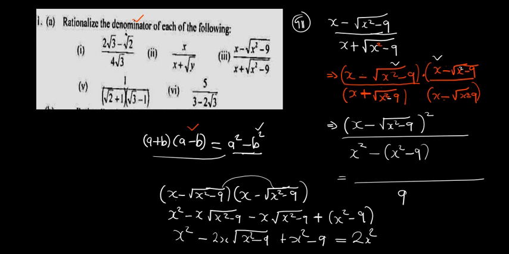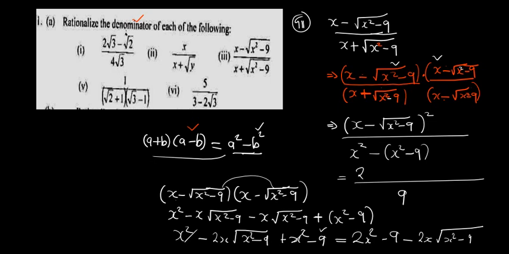Then we have negative 9 there. This negative 9 we have simplified, so we are remaining with negative 2x root of x squared minus 9. So this is the answer that we need to put there.